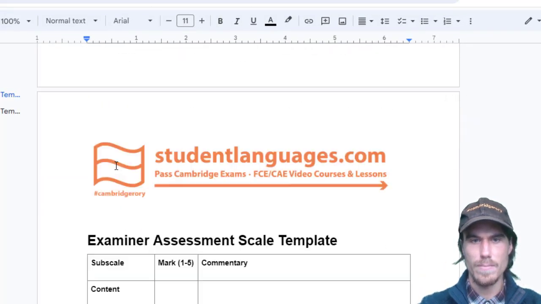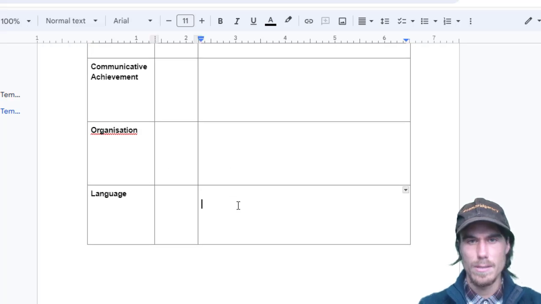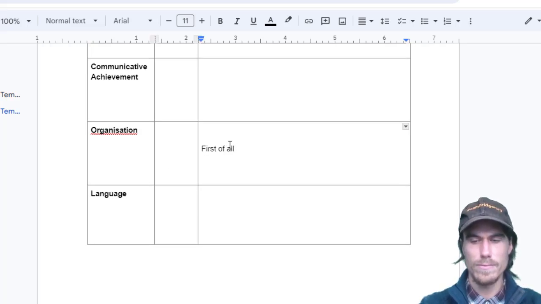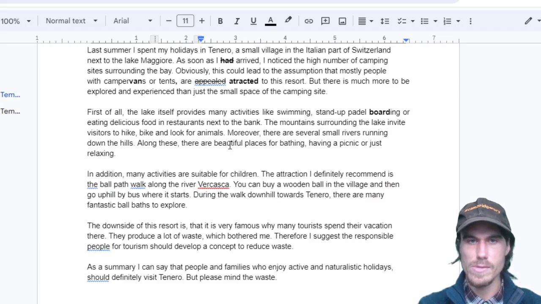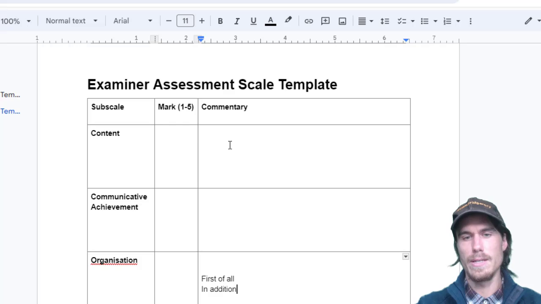I'm going to add a couple of comments into here. Organisation, so we're talking about first of all. In addition, I think it's the beginning of the next paragraph, I saw that. Paragraphs are clearly separated.